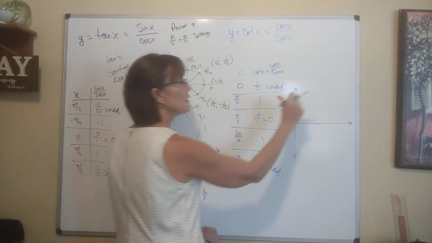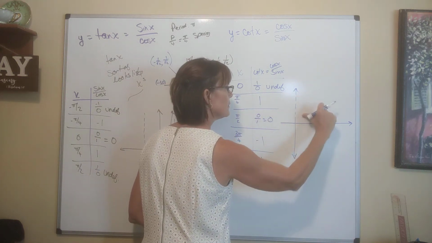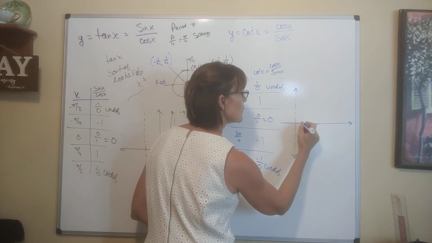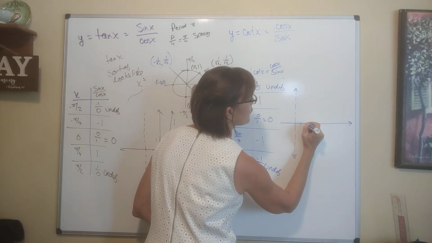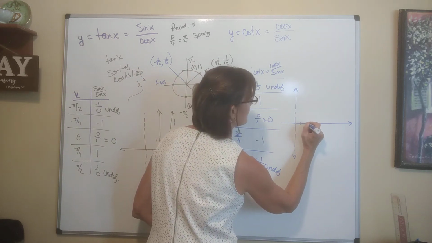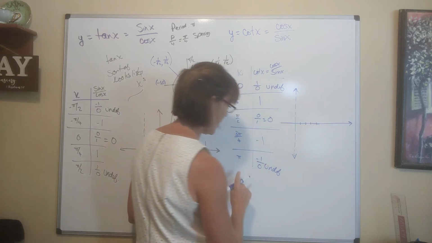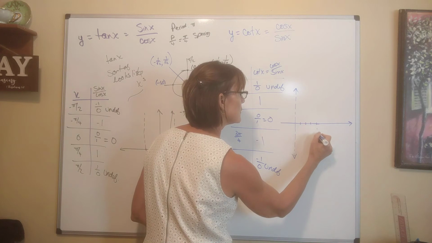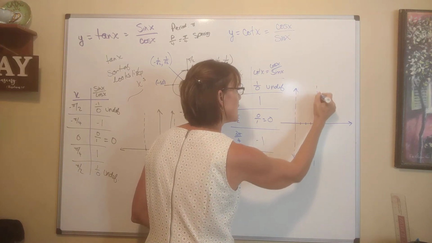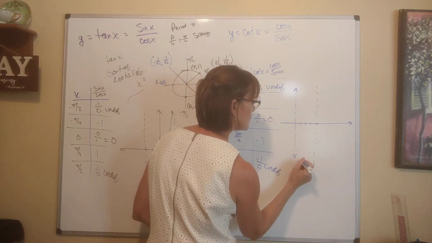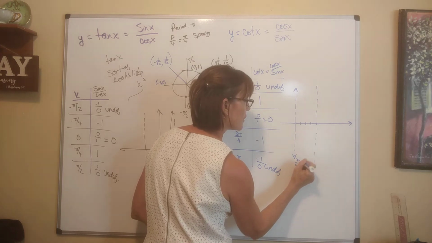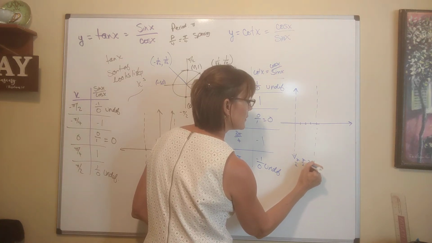At 0, it's undefined, meaning I've got an asymptote. This is 0, so let's say pi over 4, pi over 2, 3 pi over 4, pi. At pi, I've got another asymptote. And if I wanted to carry it out, let's go again. So this will be pi over 4, pi over 2, 3 pi over 4, pi.